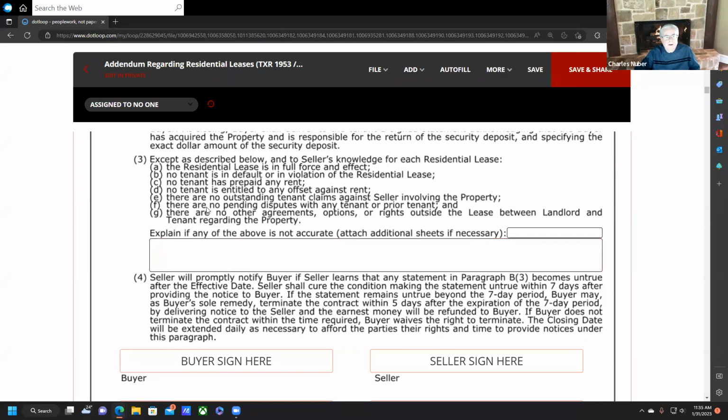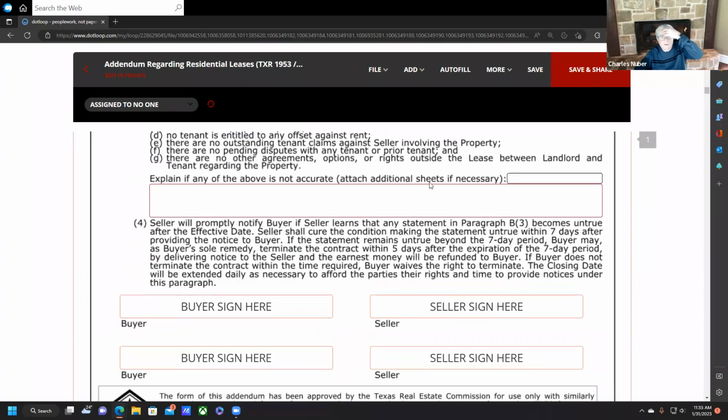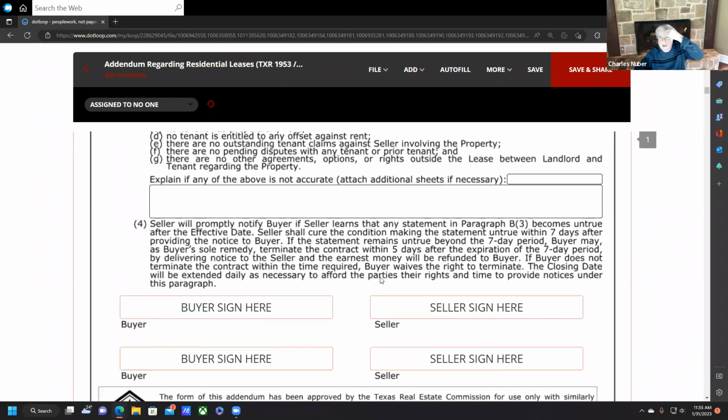If any of the above is not accurate, then please explain, for example, that the tenant who lives upstairs is 3 months behind in their lease payment. The buyer needs to know that. And the seller will promptly notify the buyer if they learn of any changes to the statements in B3, which is this. If the status changes, then they have to give notice to the buyer very quickly.